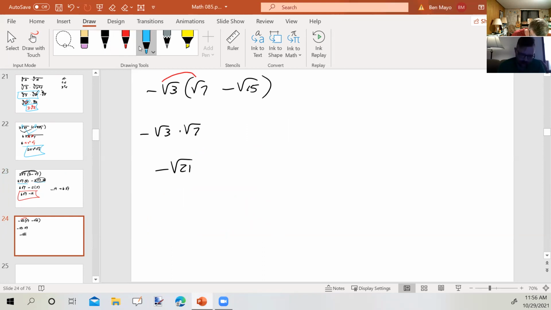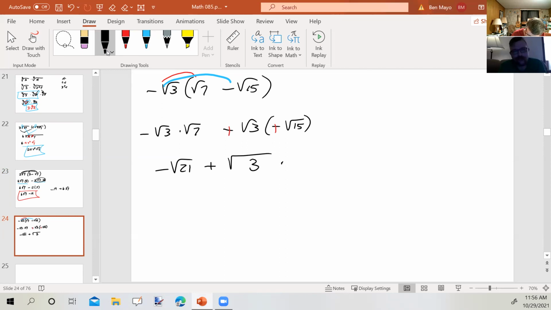Okay, this is going to give us minus the square root of 3 times negative the square root of 15. Subtracting a negative is like adding a positive.